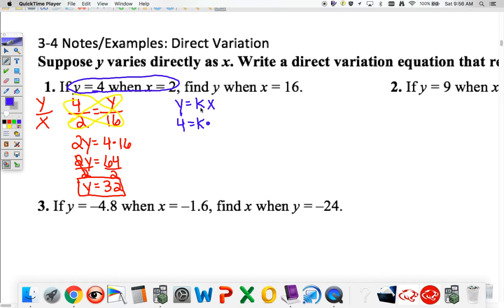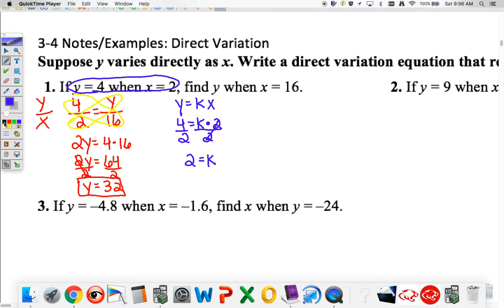And then I'm going to put my times because I know this is multiplication. X, it tells me right here, x is 2. Okay, well, to get k by itself, we just are going to divide both sides by 2. 2 divided by 2 is 1, so we have k is equal to 4 divided by 2 just gives us 2. Now, this is not an equation, this is just what k is.